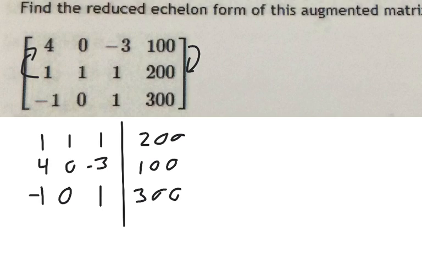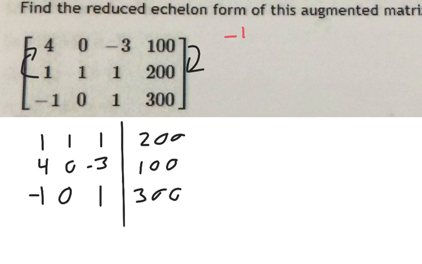Everybody's okay with that? Next, I need everything beneath that leading 1 to be a 0. Right? So I need to zero out that entire column. So what I would do is I would take this row 1, I'm going to multiply it by something and combine it with the second row. Right? So what could I multiply the first row by that would eliminate this 4? -4.